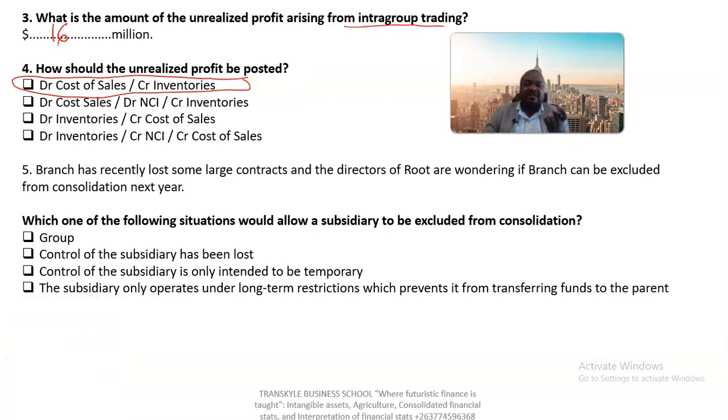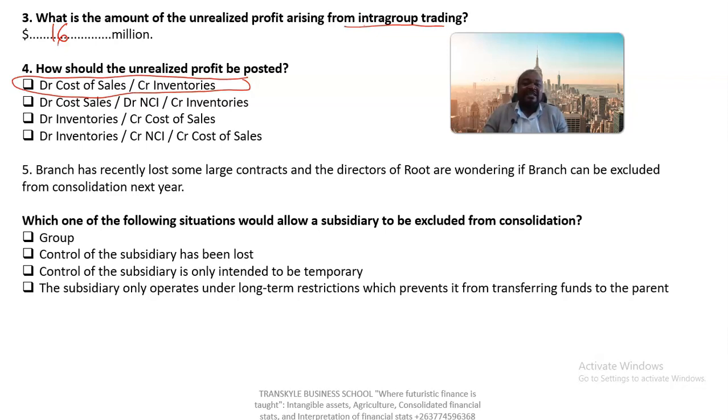The last question. Branch has recently lost some large contracts, and the directors of Root are wondering if this branch or this subsidiary can be excluded from consolidation next year. We have already pointed out in our consolidation series, in our first video actually, that there are conditions, but these are limited.